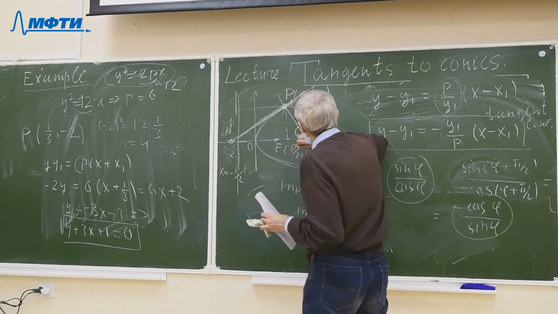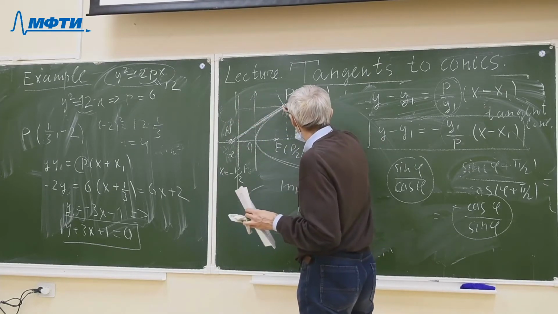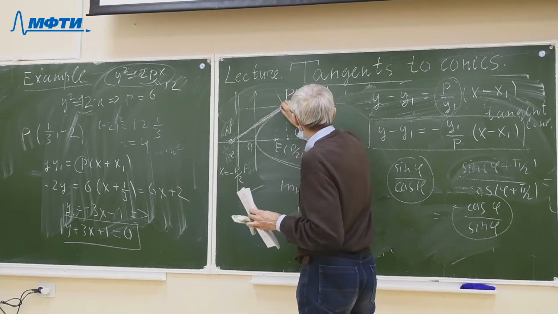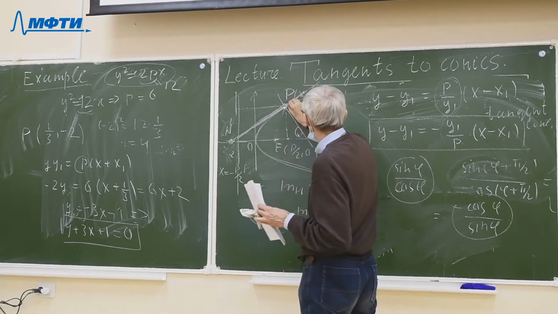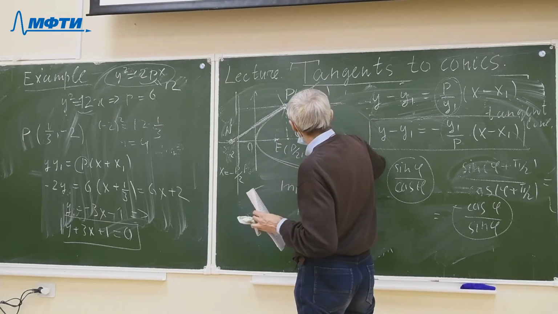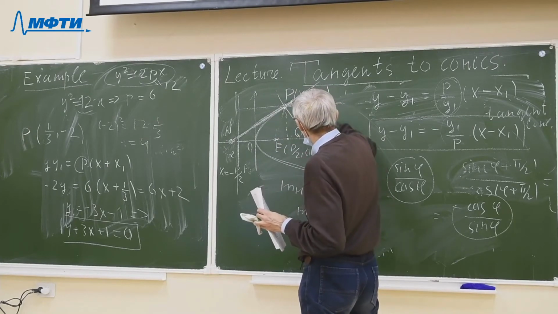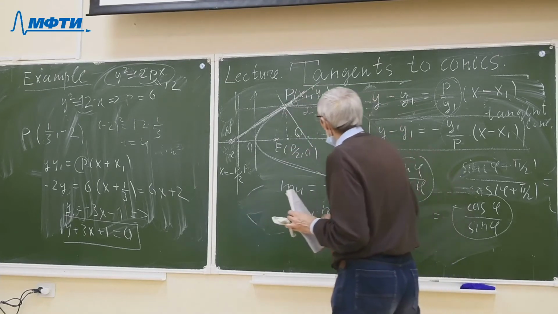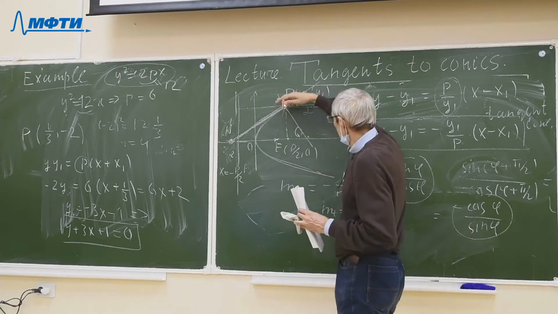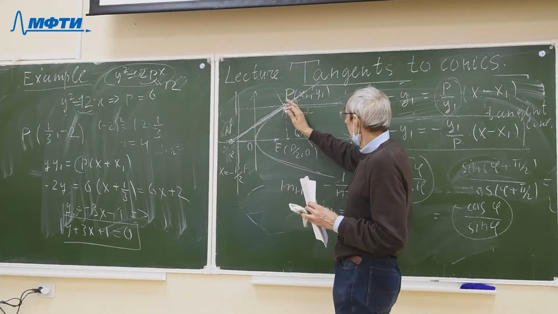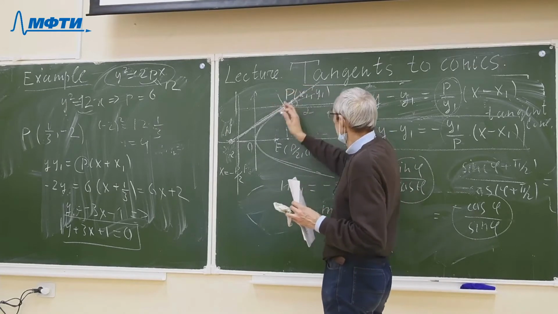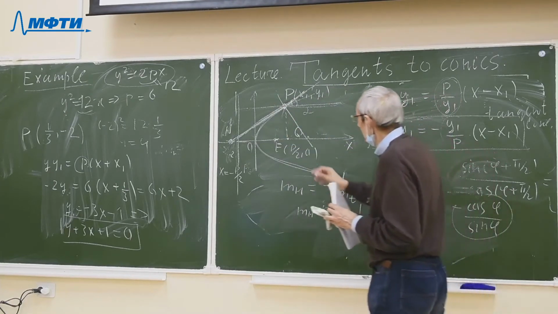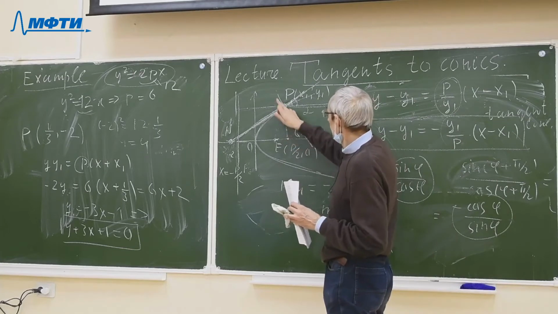We have the angle between the tangent straight line and the axis OX. This angle is alpha, and we rotate our tangent straight line on a right angle.